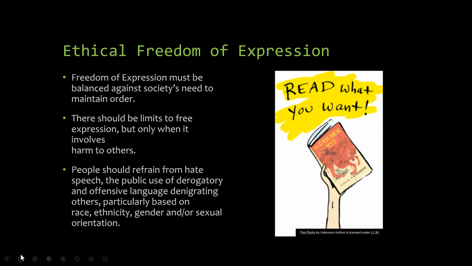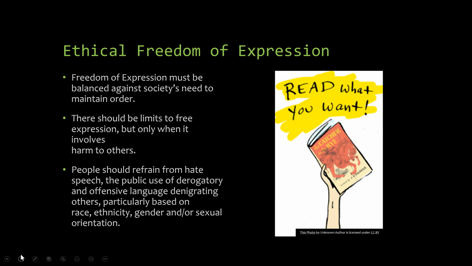And then again, people should refrain from using hate speech and offensive language, knowing the context and time to use appropriate speech. So, we generally try to refrain from using offensive language around children or in church, and it happens sometimes. Just having the awareness to know when it's appropriate to use certain language and when it's not.